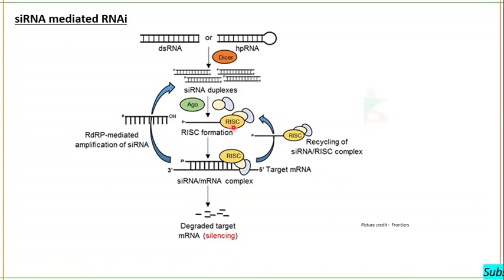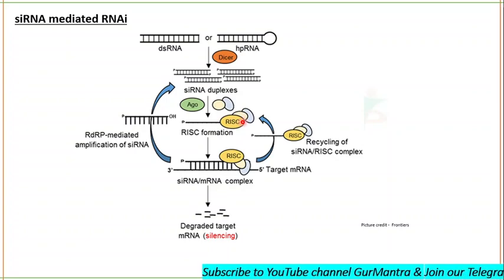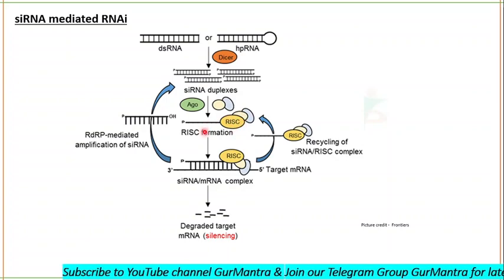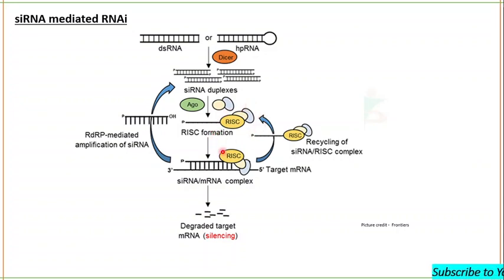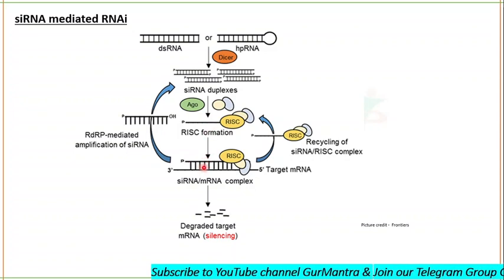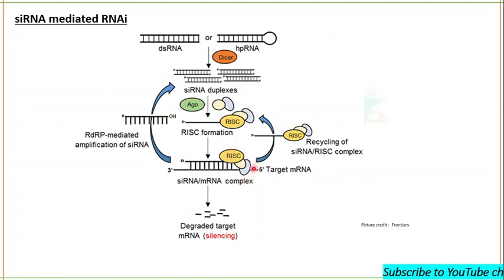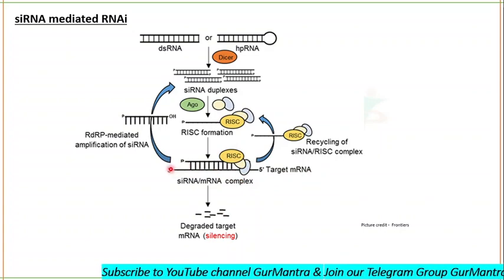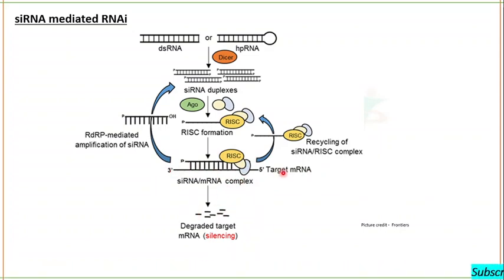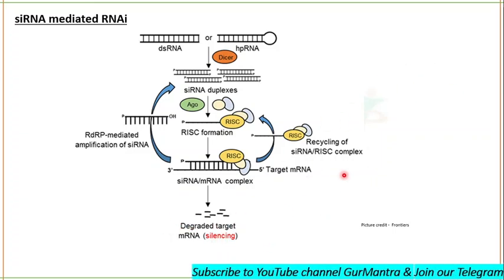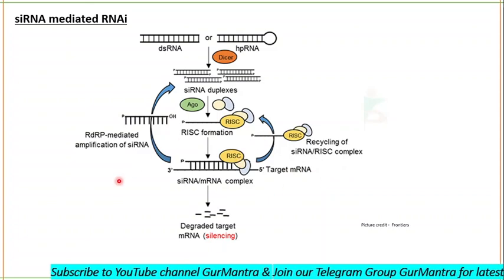The guide strand brings the whole RISC complex to the targeted mRNA, where base pairing of the guide to the mRNA forms a specific site for the action of RISC. Here, Argonaute cleaves the targeted mRNA into small fragments and there will be no translation of this mRNA. This is what we call silencing of RNA by RNA interference.